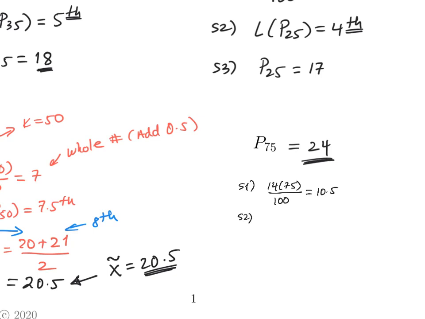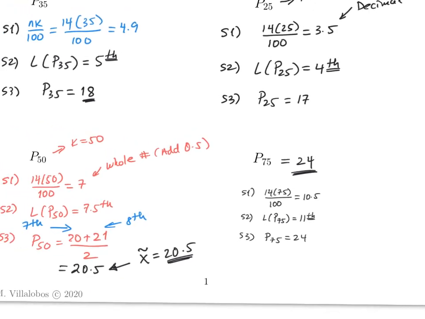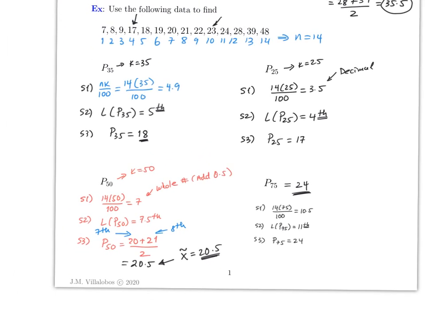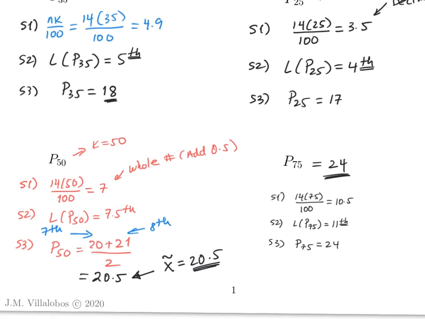So therefore, for step 2, the location of P75 is going to be the 11th location. Well, which one is location number 11? It is the number 24.